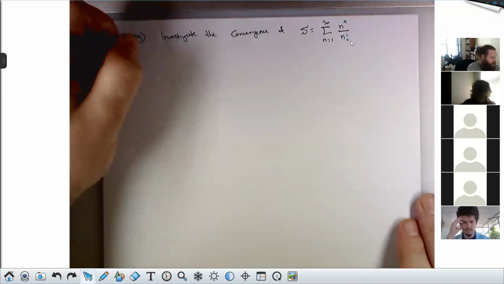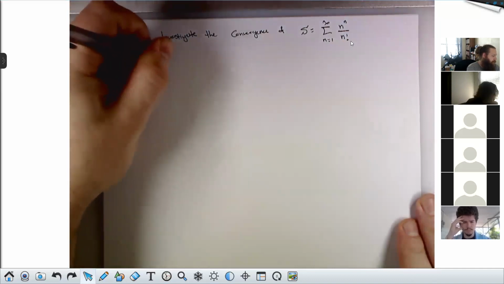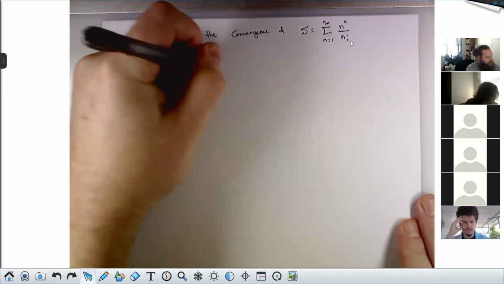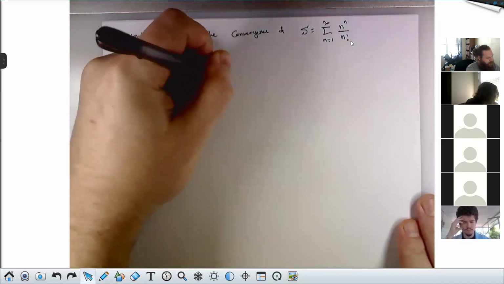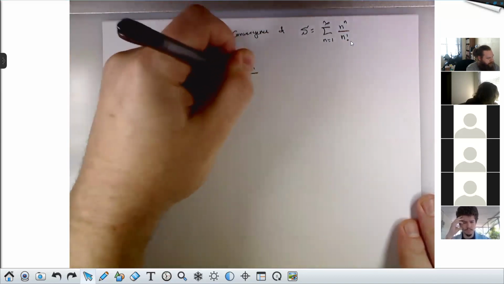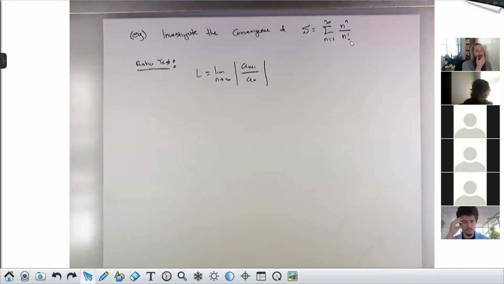So this is another good ratio test problem. Always with the ratio test, we calculate L as the limit as n goes to infinity of the absolute value of a_{n+1} over a_n. If this is bigger than 1, the series diverges. If this is smaller than 1, the series converges.